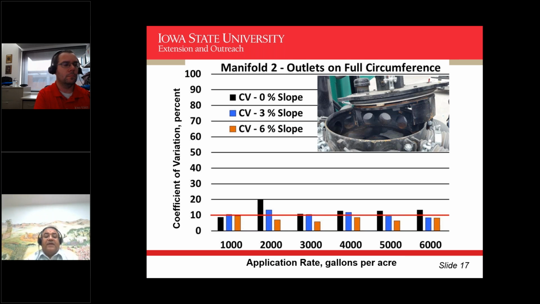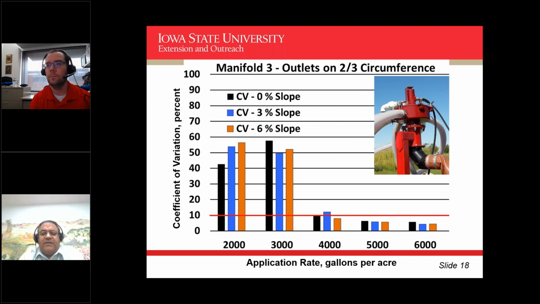In this particular case, as you can see, from 1,000 gallons all the way up to 6,000 gallons that we tested, and also on all three slopes, other than for the 2,000 gallons per acre rate, we were pretty close and pretty much within the range of that 10% variability across all slope settings in our testing.